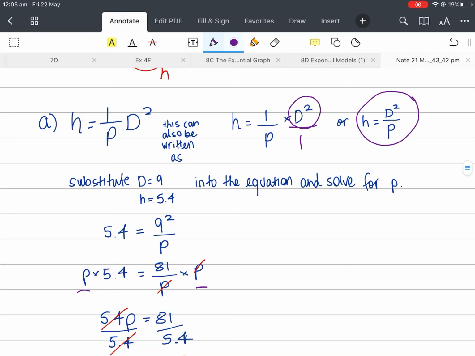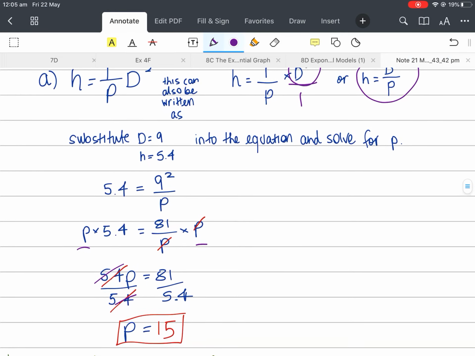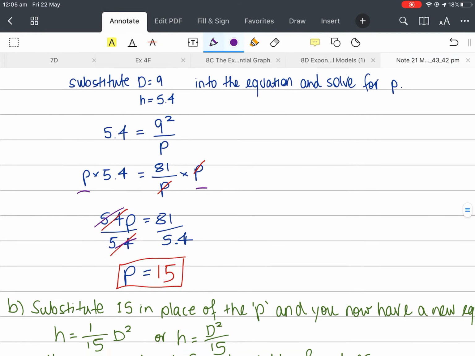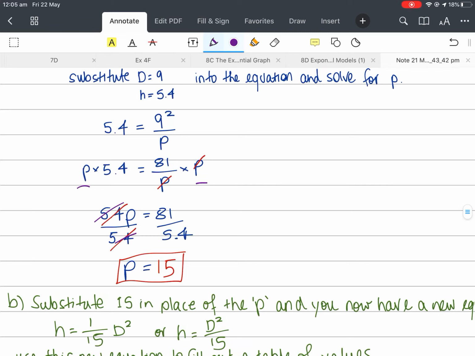Cross off the 5.4s, and on your calculator, 81 divided by 5.4 gives me p equals 15. Beautiful. Once I've got that, I substitute the 15 in place of the p, and you'll have a new equation. You can use h equals 1 over 15 d squared, or h equals d squared over 15. So that's the first part of B.